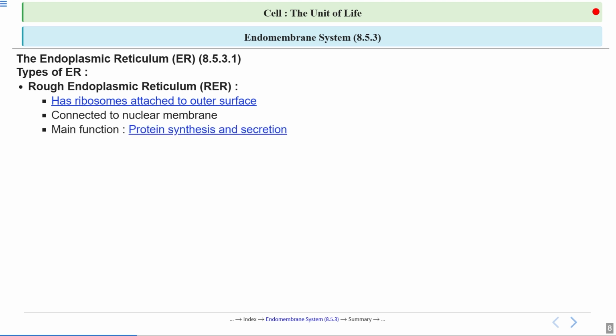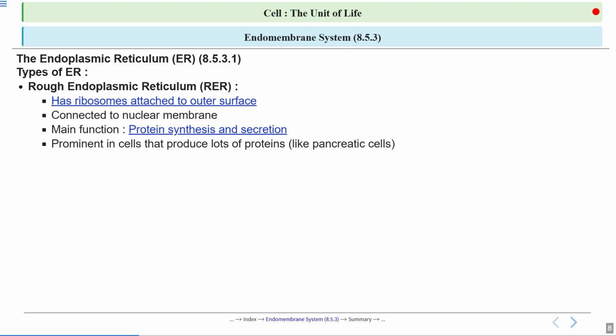What is the main function of rough endoplasmic reticulum? As it is associated with ribosomes, the main function is protein synthesis and secretion. It is prominent in cells that produce a lot of proteins, like pancreatic cells. So where is rough endoplasmic reticulum present?